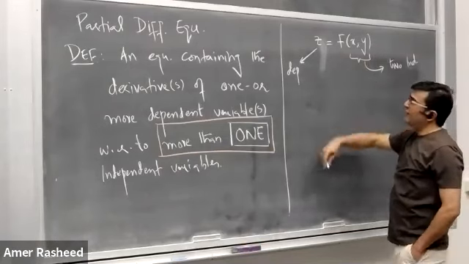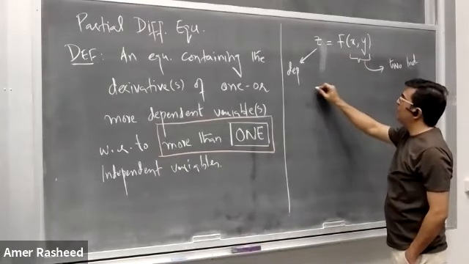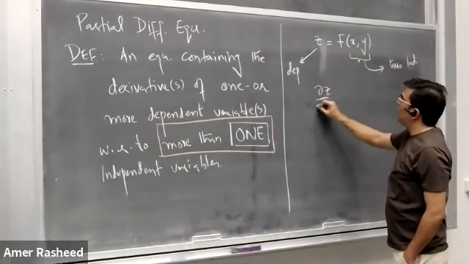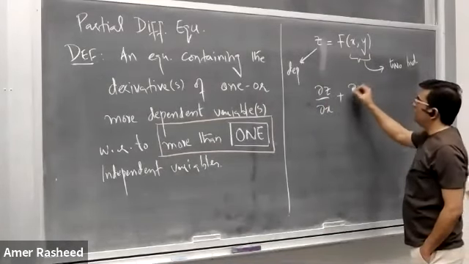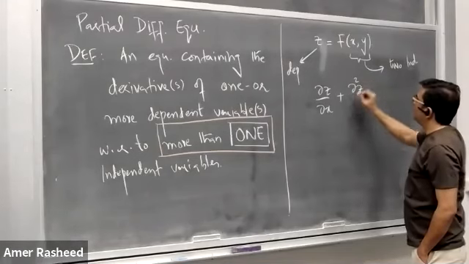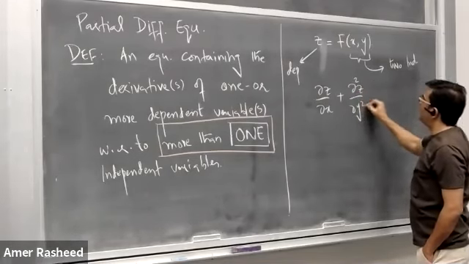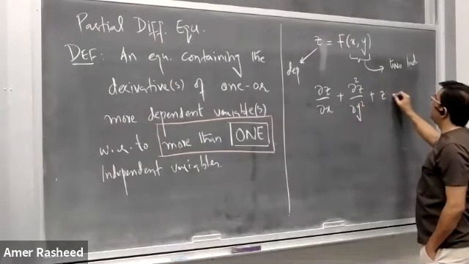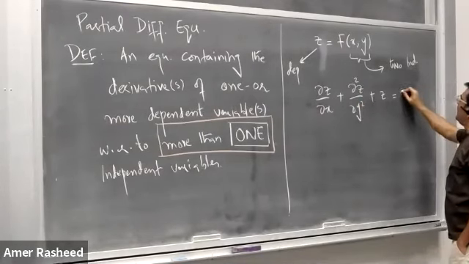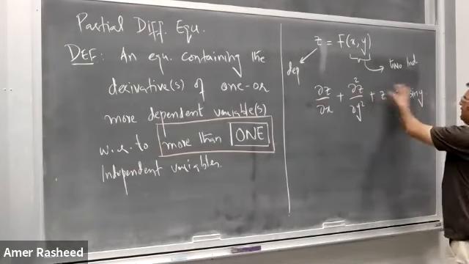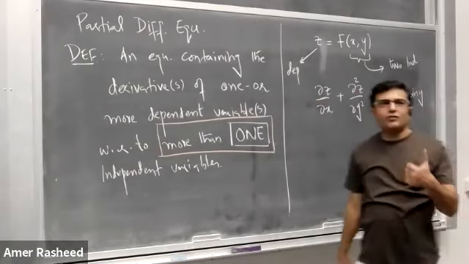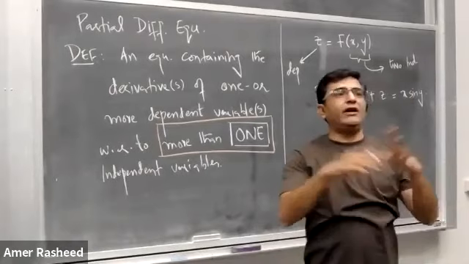So it can be considered as maybe partial z over partial x plus partial square z over partial y square plus z is equal to maybe x times sine y. So this is a differential equation which involves only one dependent variable and two independent variables.